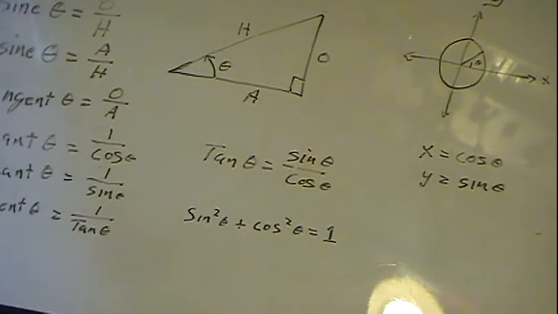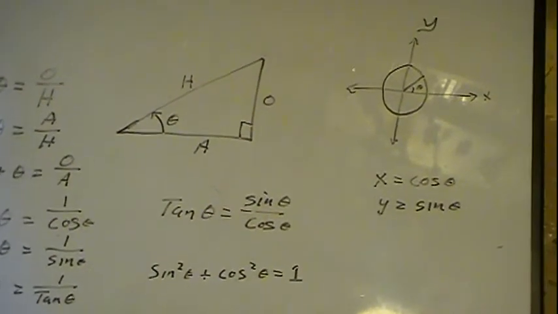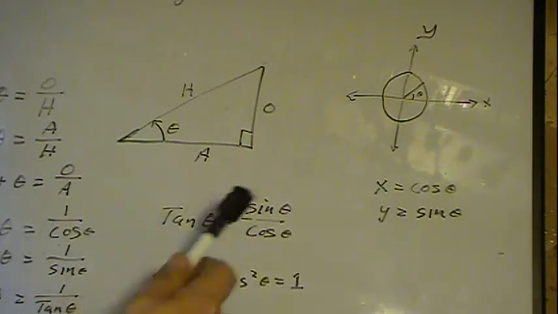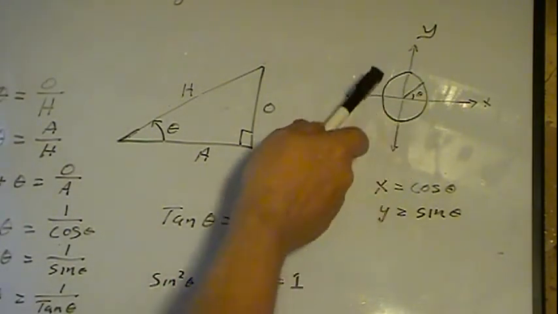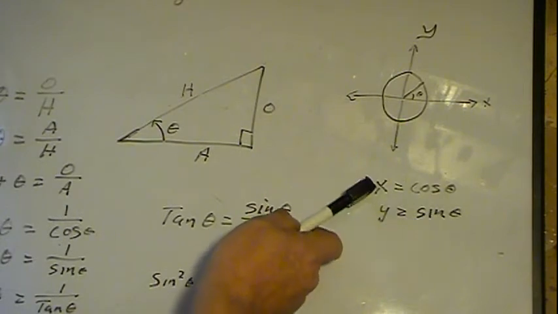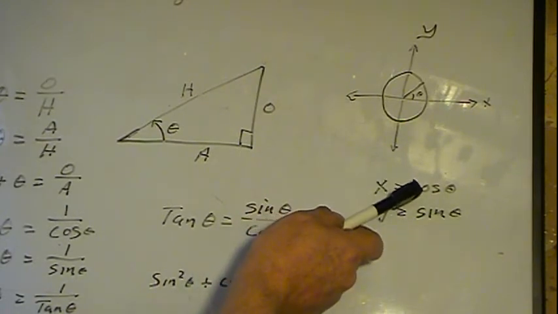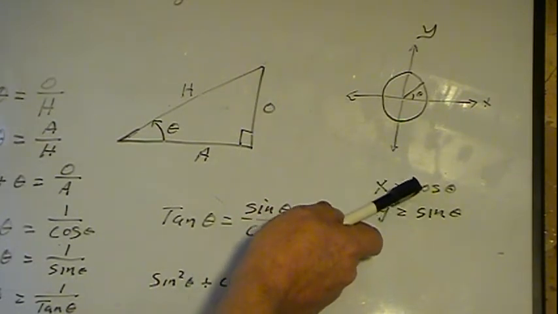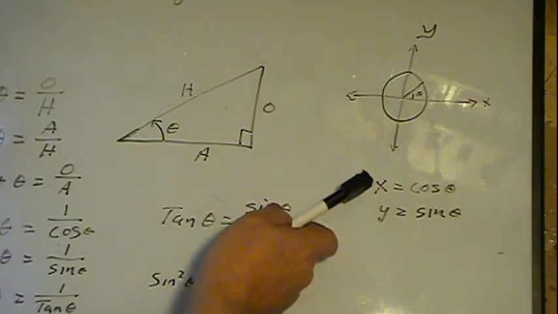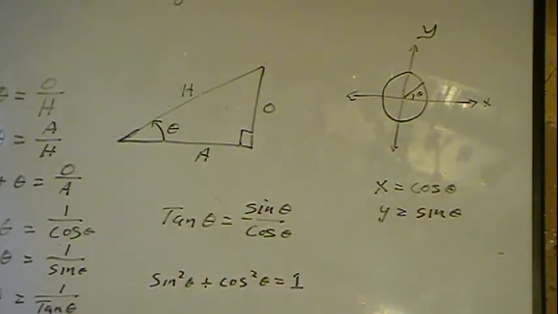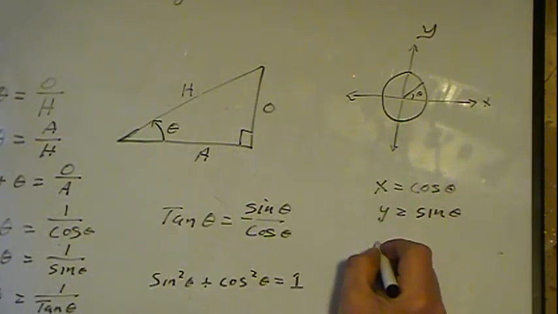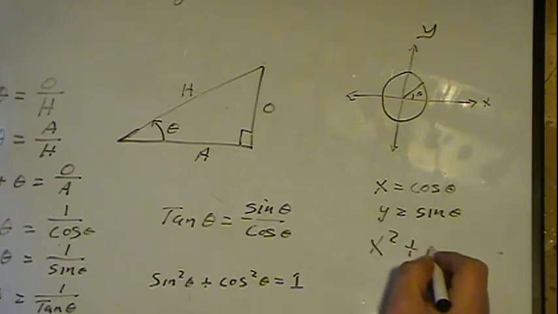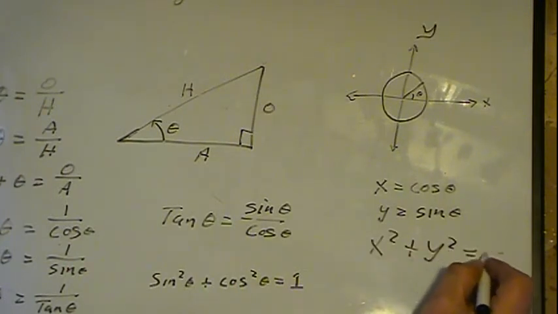And what that really is saying, if I go back to the circle, since this is a unity circle, in other words, the radius of the circle is 1, sine squared plus cosine squared gives me 1, which is also the same thing as saying, by just using this and substituting in, that x squared plus y squared equals 1.